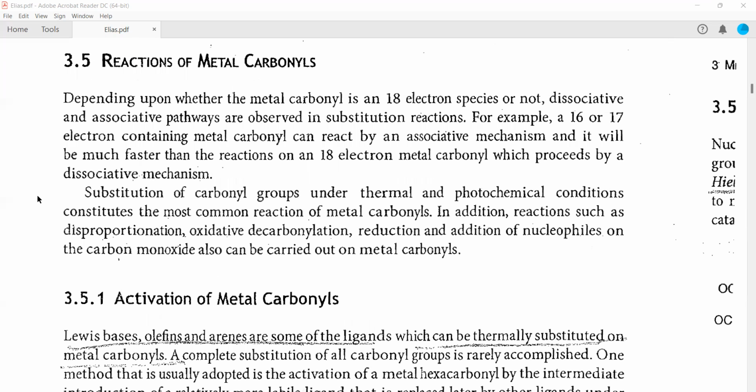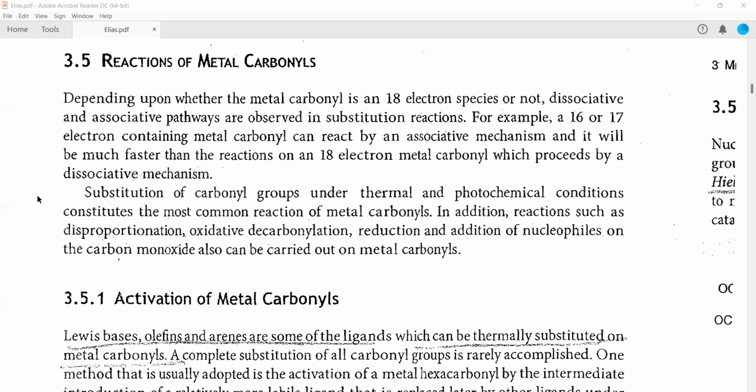Now let us talk about a very important topic of this chapter, which is the reactions of metal carbonyls. I am going to focus on this topic quite deeply, because this is actual organometallics and will be useful in solving various reaction mechanisms. This topic discusses the very basic steps involved in big reaction mechanisms.